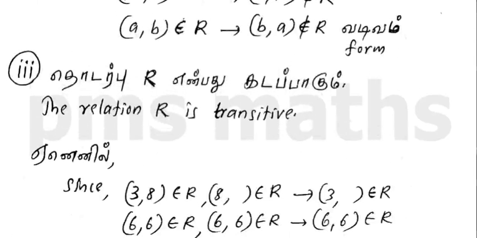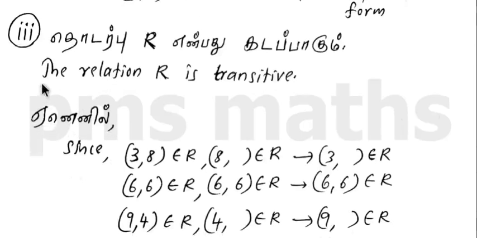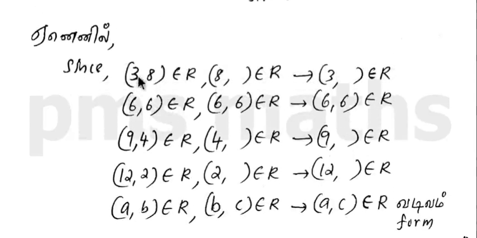Now, third one. The relation R is transitive. Since, take the first element (3, 8) belongs to R. Then take 8, there is no such element, so the condition holds vacuously.